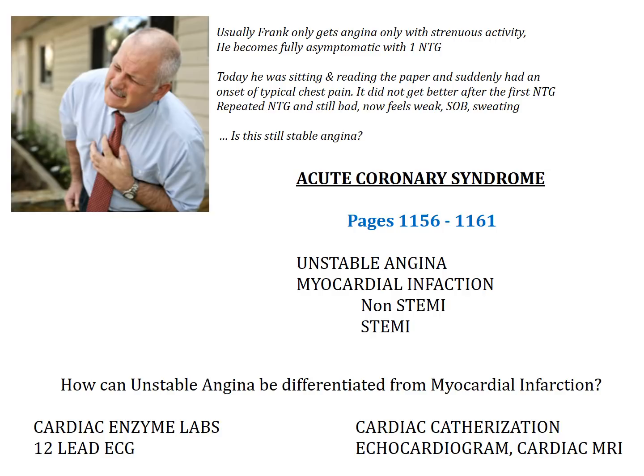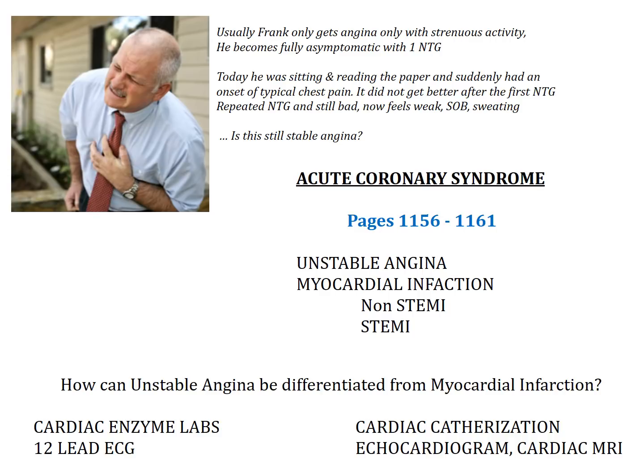All right, today he's sitting and reading the paper and suddenly has an onset of chest pain. He's feeling squeezing, constrictive chest pain, feeling nauseated, sweating, short of breath. He takes his first nitro, it doesn't get better. He takes his second nitro, it's still bad. Still feeling short of breath and sweating.